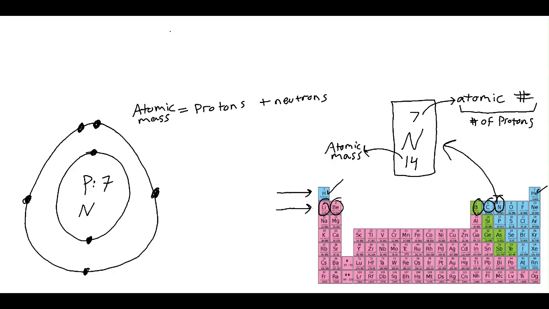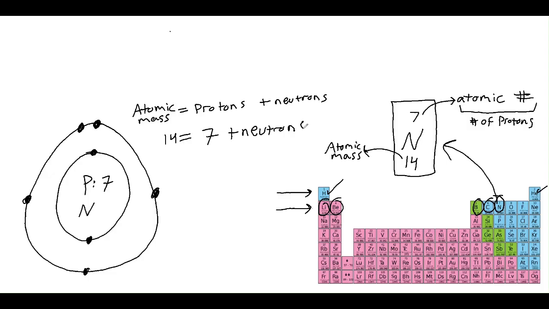So let's use the numbers we know in this equation. We know the atomic mass is 14, and that equals the number of protons, which is also the atomic number, and that is 7, plus the number of neutrons.